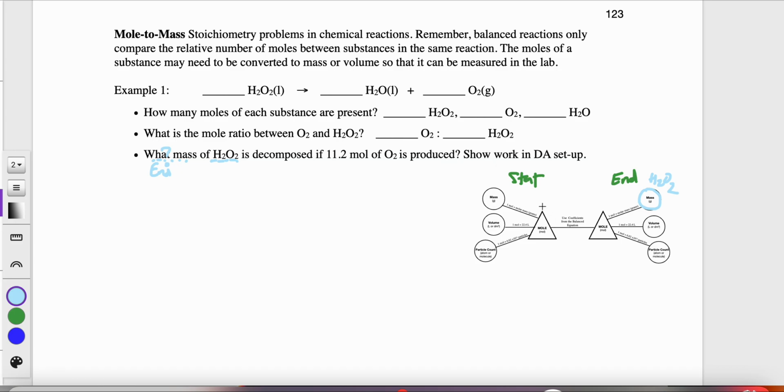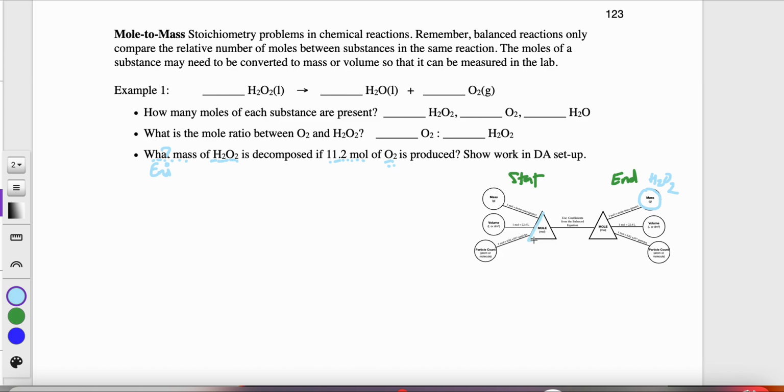Now I have to figure out, well, to get to the mass of the H2O2, where am I starting? So when I continue reading, I see a number of 11.2 moles, and I keep reading, and the substance is not H2O2, but O2. So that means I'm starting on the other side.